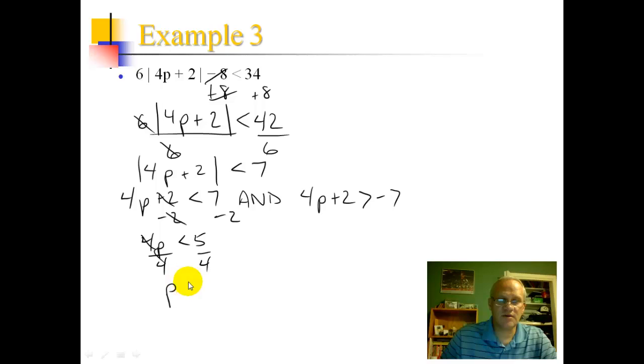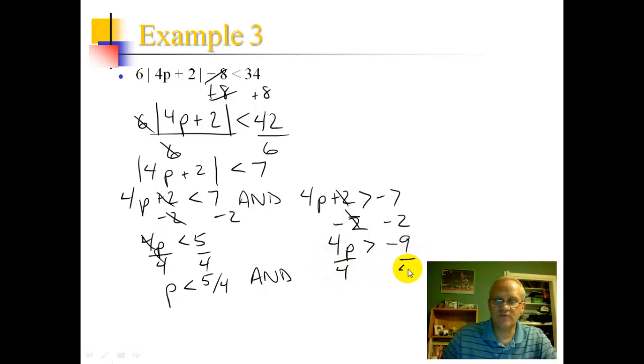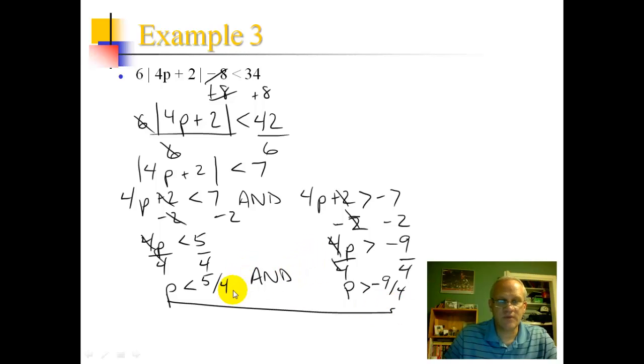So we have that p is less than 5/4. And minus 2, minus 2. 4p is greater than negative 9. Divide by 4, divide by 4. So p would be greater than negative 9/4. And so this would be our answer here.